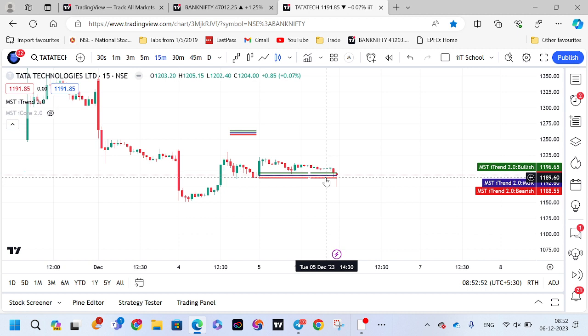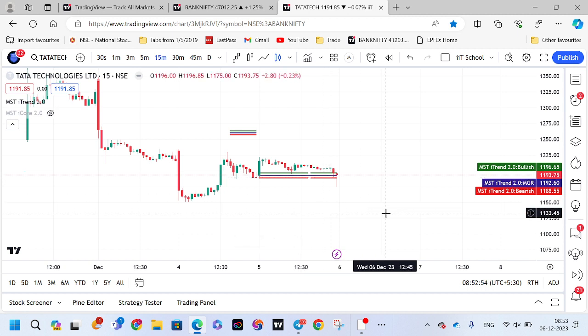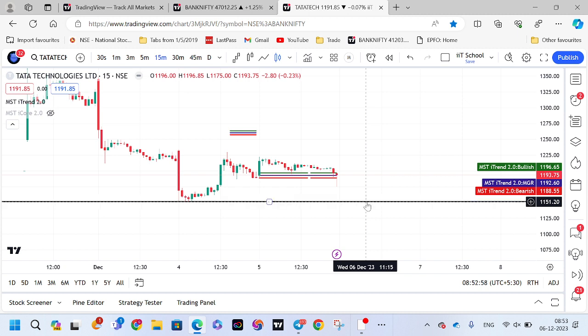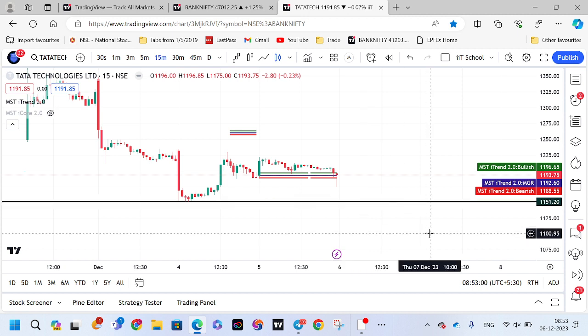If the market is closing below 1188.55, then market may touch 1150 again. If that is also broken, we may expect up to 1000. But in the long term, for Tata Technology, we are expecting to reach a minimum 2000 to 3000 level.